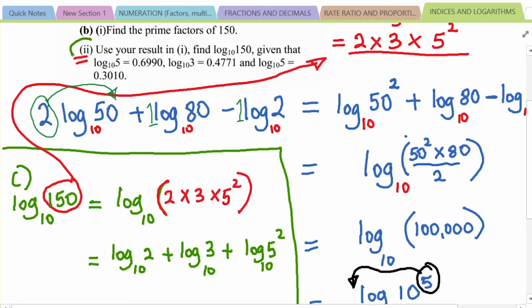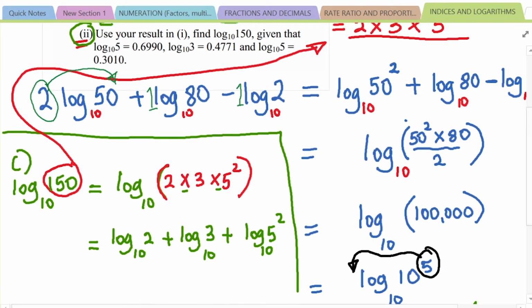Remember, Roman 2 is telling us to use your result in 1 to find it. So that's how we break it down. Because it's multiplication, the logarithms turn into plus. That is in the laws of logarithms. Those are foundational concepts when the topic was being introduced to you.